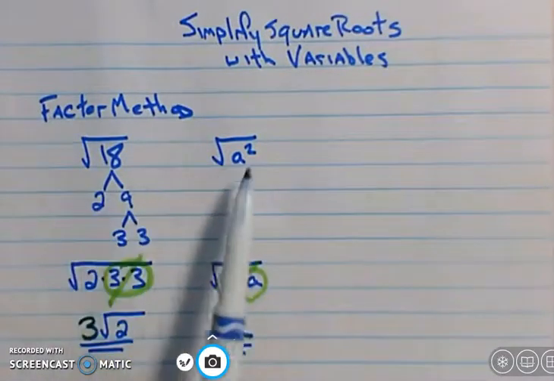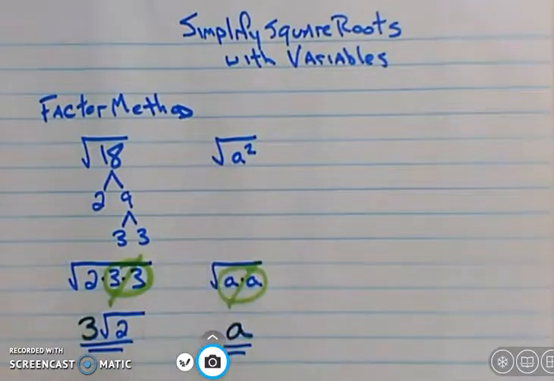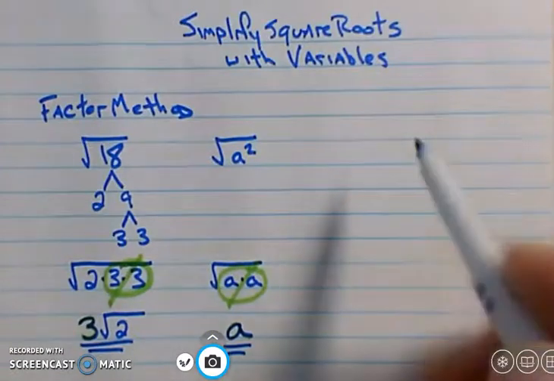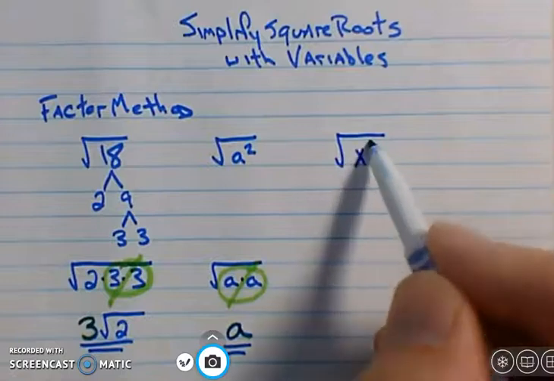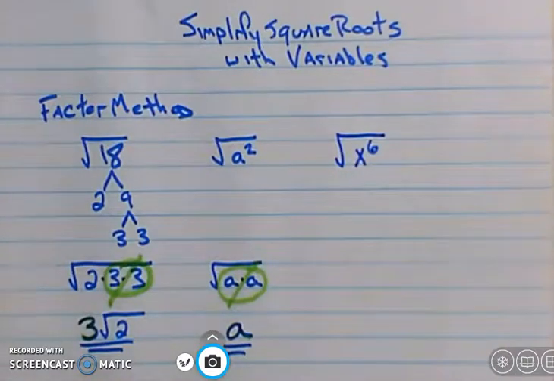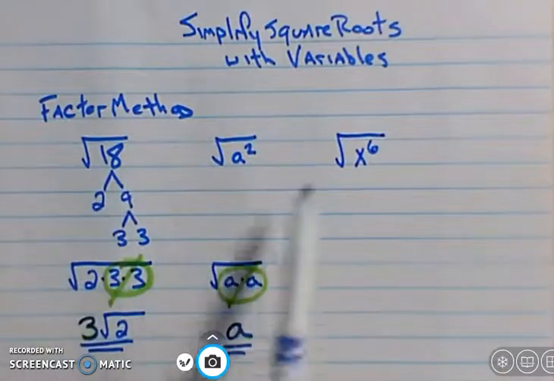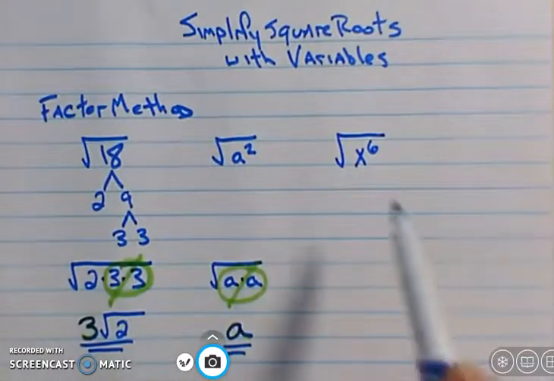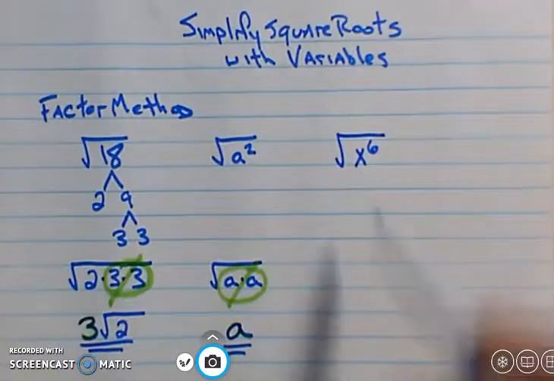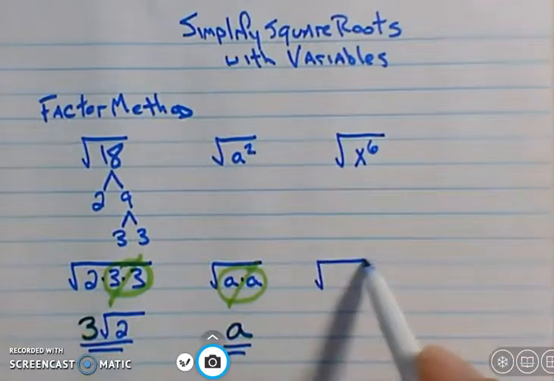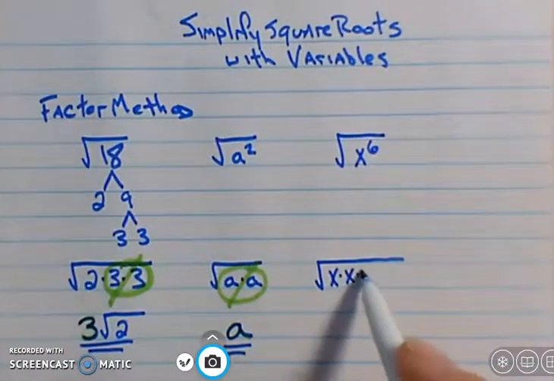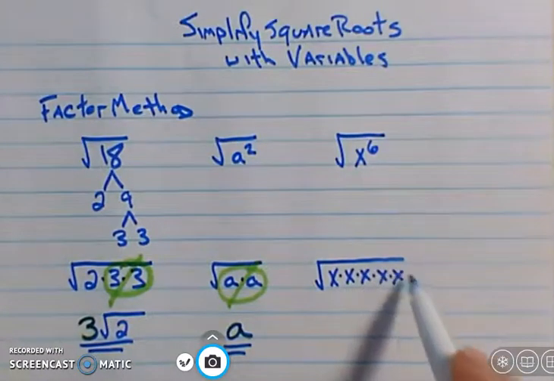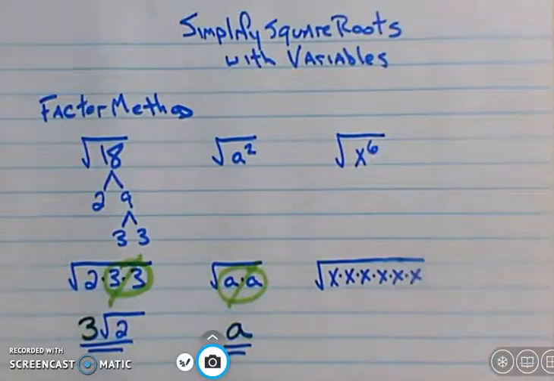Alright, let's extend this and say that it has a bigger exponent. So let's try another example here. How about the square root of x to the 6th power? Again, just like the factoring method, I'm going to break this down into its prime factors, and I can skip all the way down. I know that x to the 6th is really x times x times x times x times x times x. I have 6 of those x's.